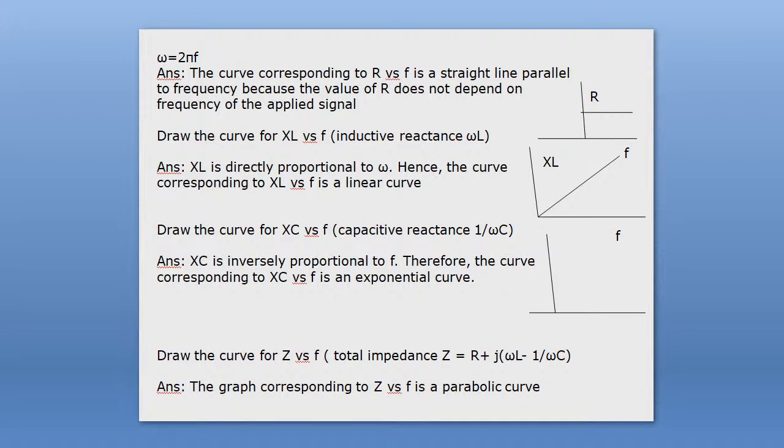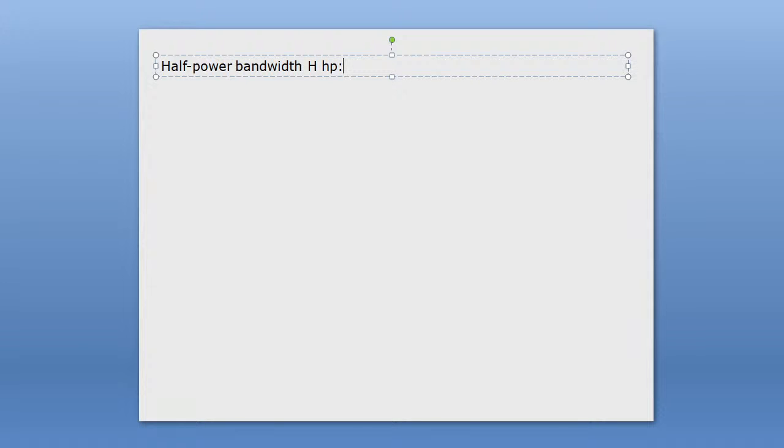Now let me tell you one important parameter, that is half power bandwidth.